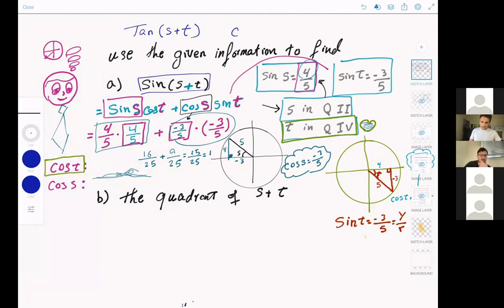I might ask you cosine of s plus or minus t. You pick the formula, you just list it here. You see what we have and what we don't have. First you plug in what we have, and then you look at what we don't have. It's a long way to solve it, but you can do it.